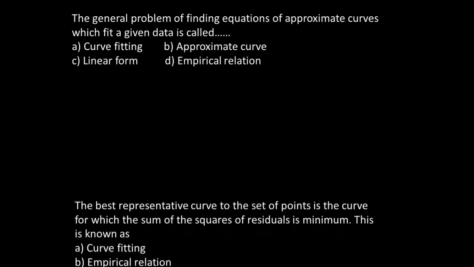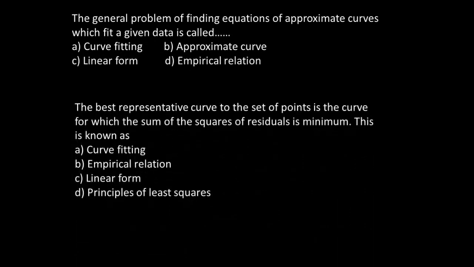Okay, now next one: the best representative curve to the set of points is the curve for which the sum of squares of residuals is minimum. This is known as, and the option is already mentioned here, the principle of least squares. So let me explain this in detail. What does this statement exactly mean? We have to fit a certain curve to the given data.